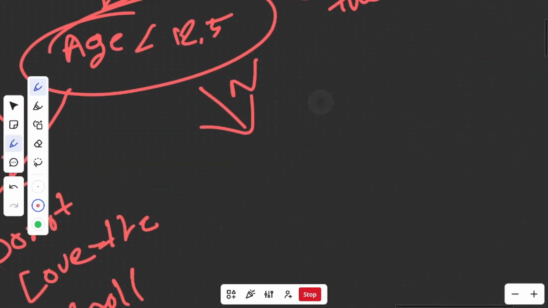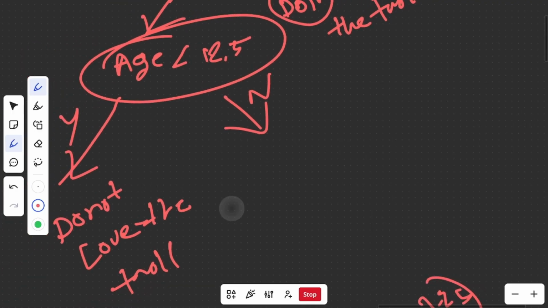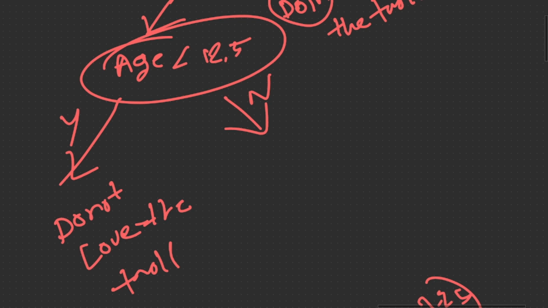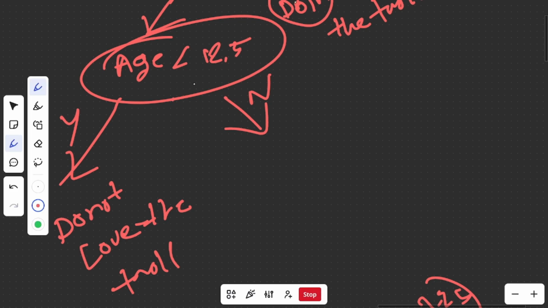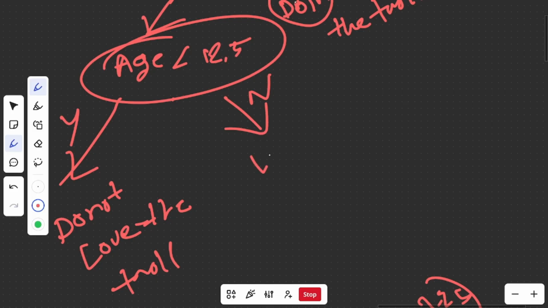And here we find if age is greater than 12.5, so it doesn't follow this condition, then they love the troll.